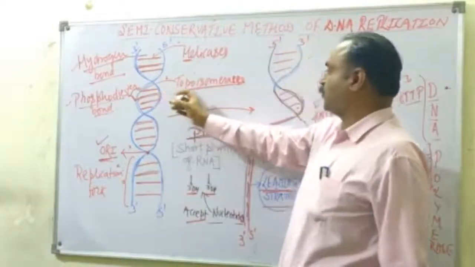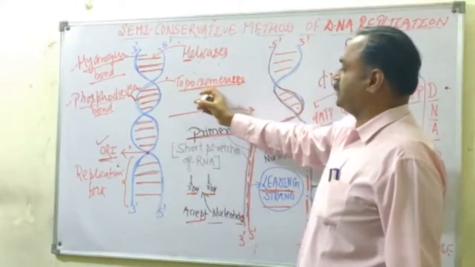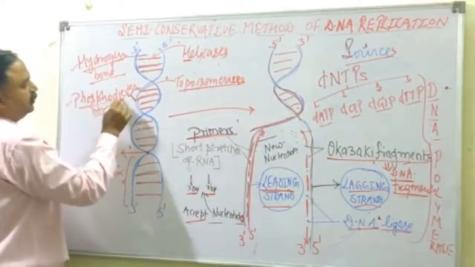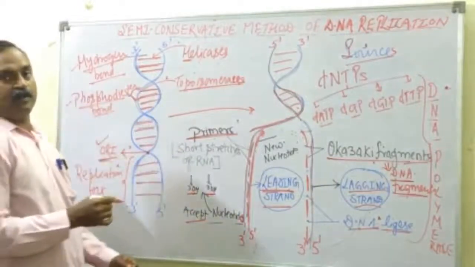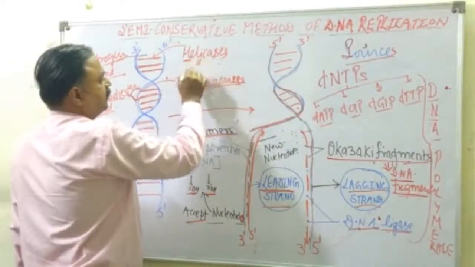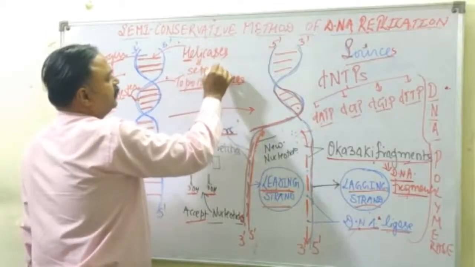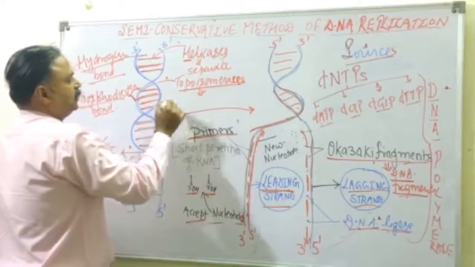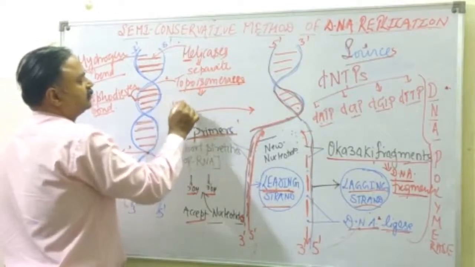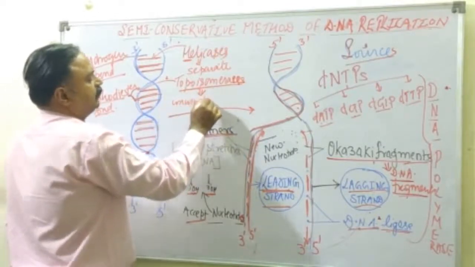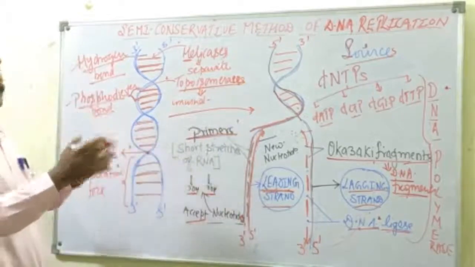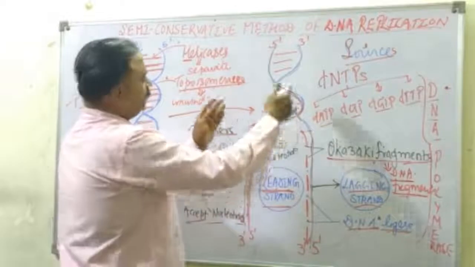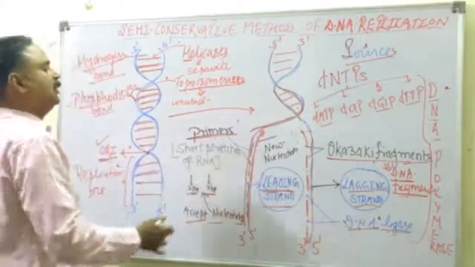Second, the function of topoisomerases: this enzyme breaks phosphodiester bond. Helicases separate the strand, and topoisomerases and gyrases unwind, that is, they break the supercoiling, and now the strand looks like this, isn't it? These are called templates.